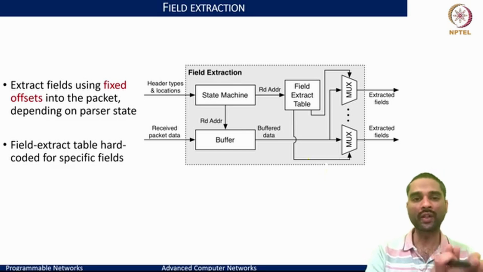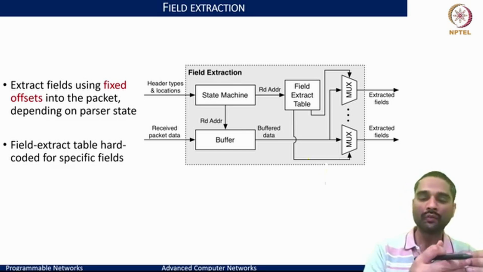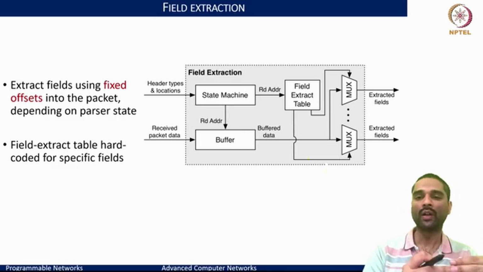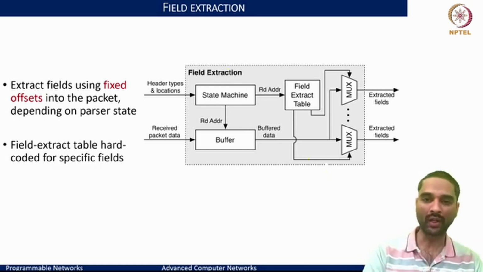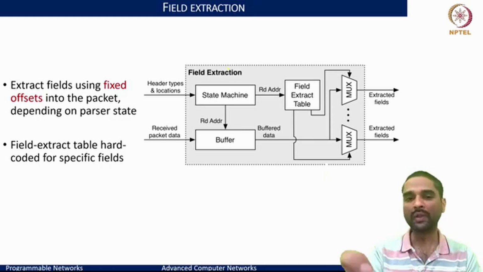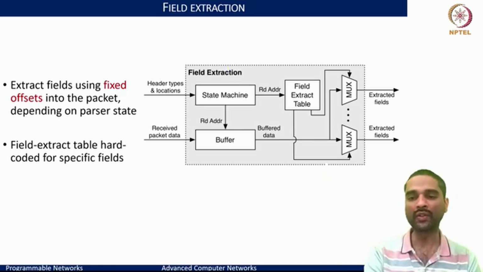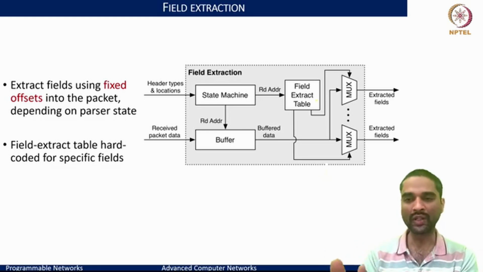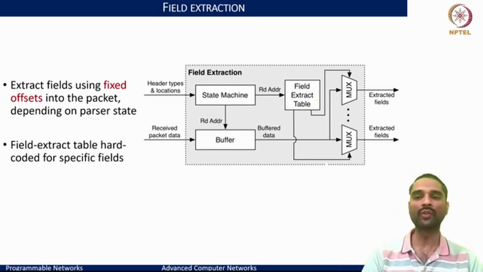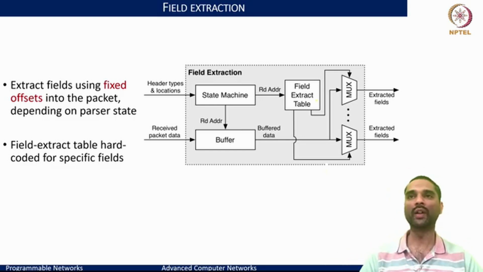And once we have extracted the fields and need to look up the match, for this we would use the state machine that is built on the parse graph and then use the read address to do the table matches. If, for the extracted fields, the tables that are hard-coded see a match in any of the entries, then you would go ahead and do the processing on the action side.